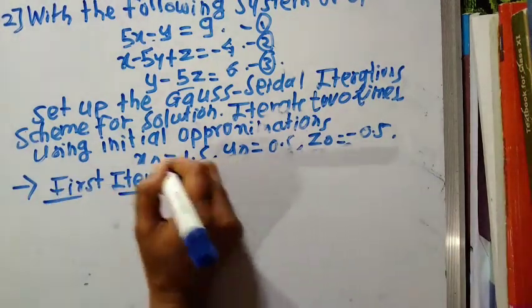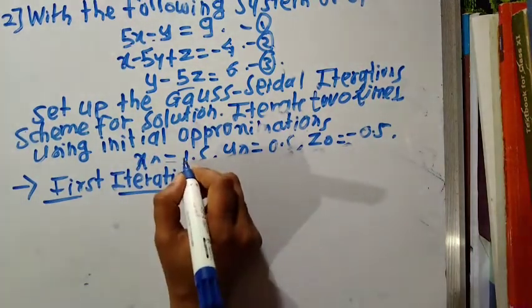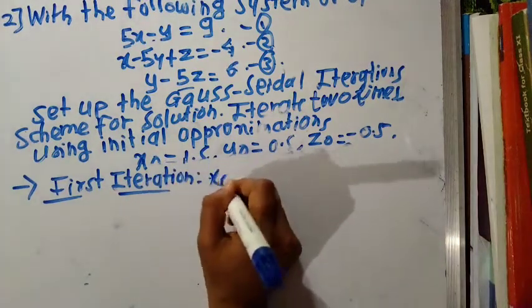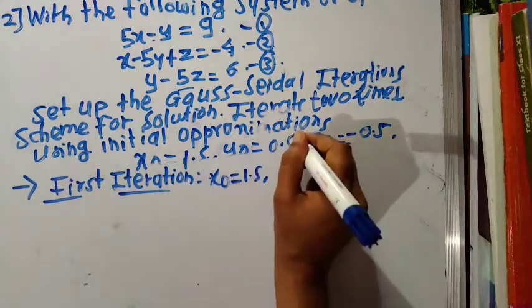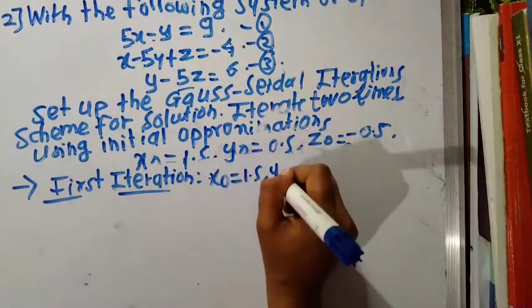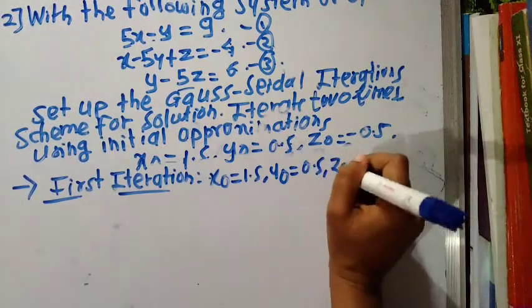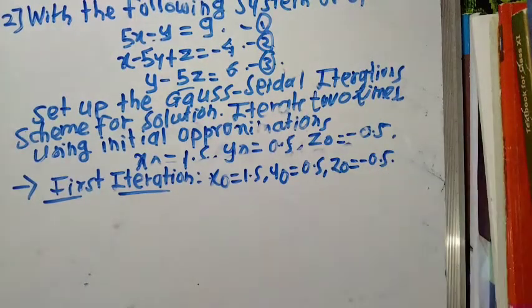So here the initial approximation is given. Taking initial approximation x0 is equal to 1.5, y0 is equal to 0.5 and z0 is equal to minus 0.5.